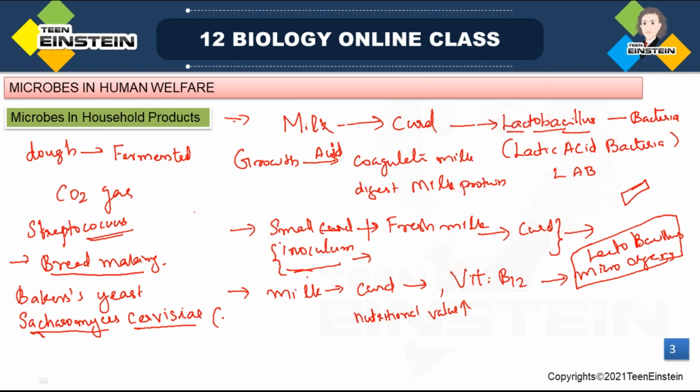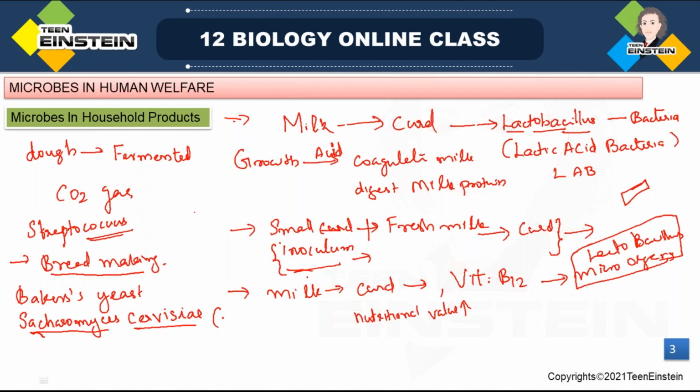So when bread is prepared from dough, it is fermented using baker's yeast, which is called Saccharomyces cerevisiae, and there will be a puffed appearance of the dough. It is due to the production of carbon dioxide. In this also, carbon dioxide is produced during the fermentation period.